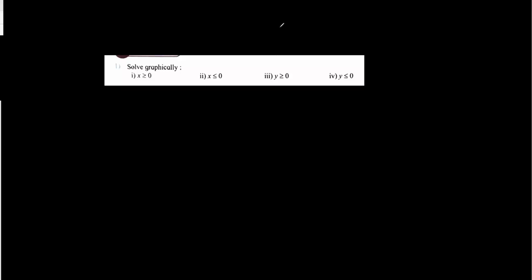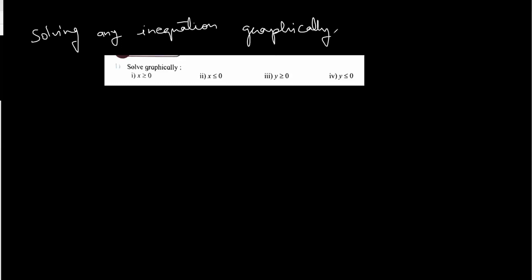So here I will write: solving any inequation graphically means giving the set of points.